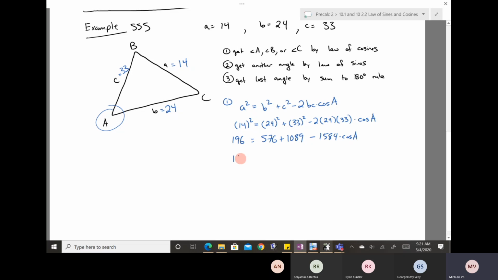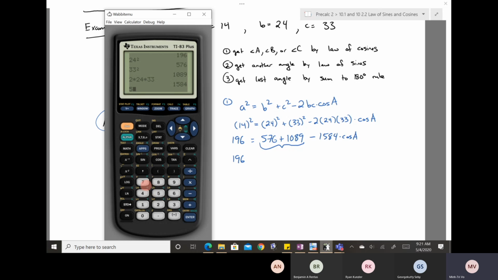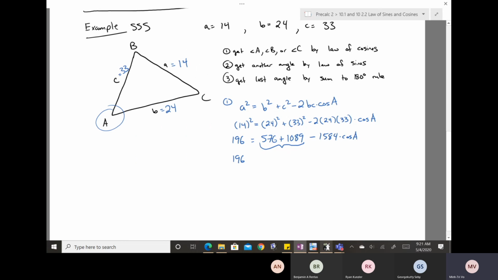So this is where you want to be careful, right? You can combine these two things together because they're just by themselves, but you cannot subtract this, because it's a coefficient for cosine A. So we just add these two things together. 576 plus 1089, what do we got? 1665.